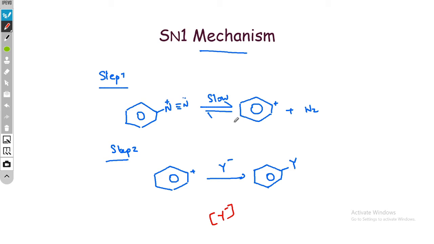Since it only depends upon the concentration of the diazonium salt, at the rate determining step there is no attack of Y minus, so this may be the mechanism. Then the second evidence is when a high concentration of halide salt is added, the product is an aryl halide, but the rate is independent of the concentration of added salt, that is, the concentration of Y minus.